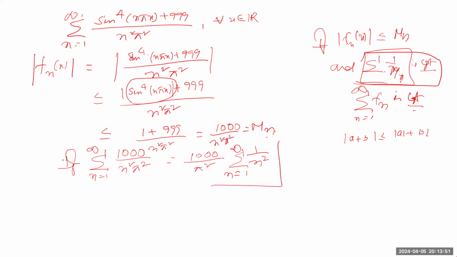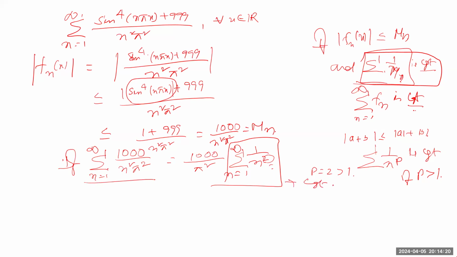So what is this series? This is a P series. The P series, 1 over n to the power of P, is convergent if P is greater than 1. Here P equals 2, and 2 is greater than 1, so this is convergent. So your Mn is convergent. Therefore, by the Weierstrass M test, the series is uniformly convergent.